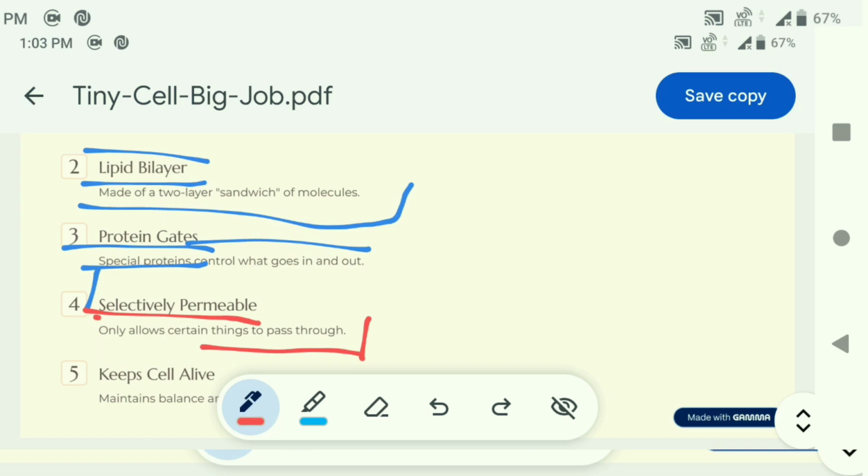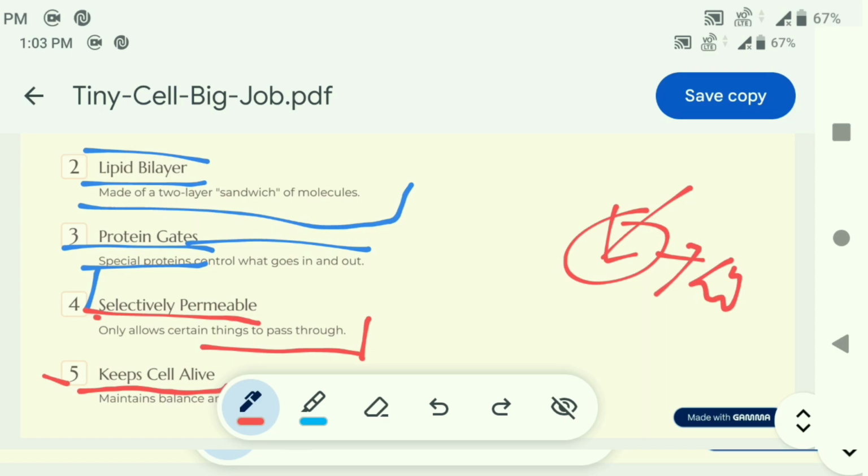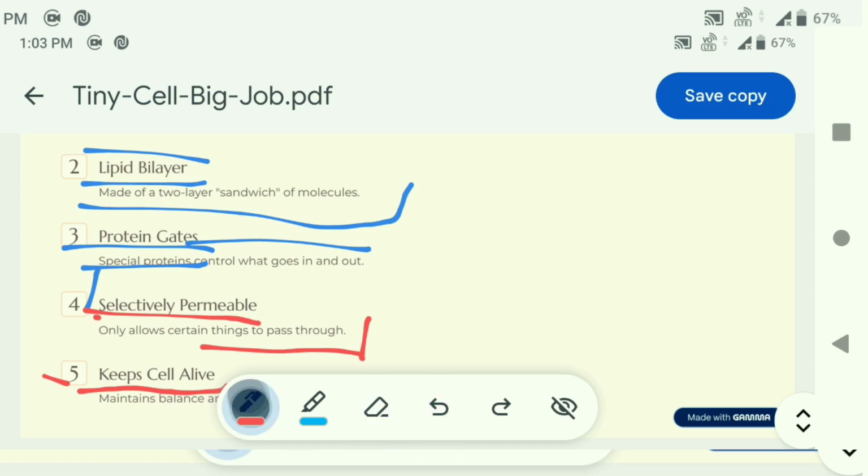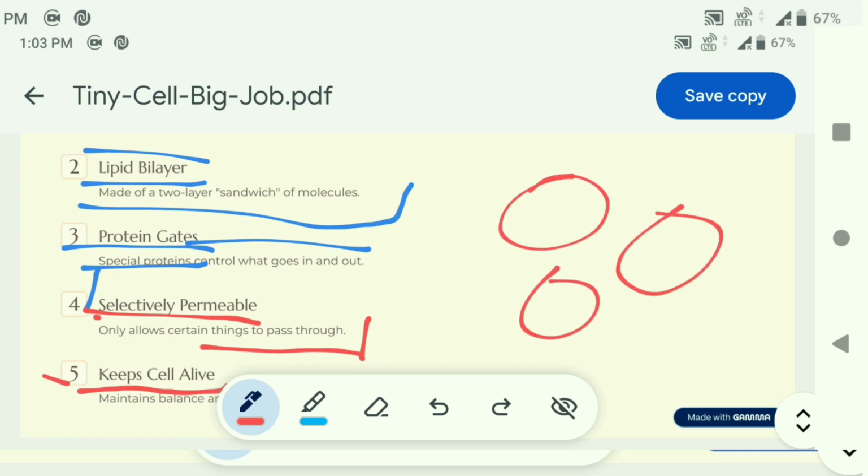And the fifth one is it keeps cells alive. If the cell membrane does not work, the cells will collapse. The cell will go like this. It will collapse. So the cell membrane protects the cell from collapsing. It maintains the structure of the cell, that is the circle structure.